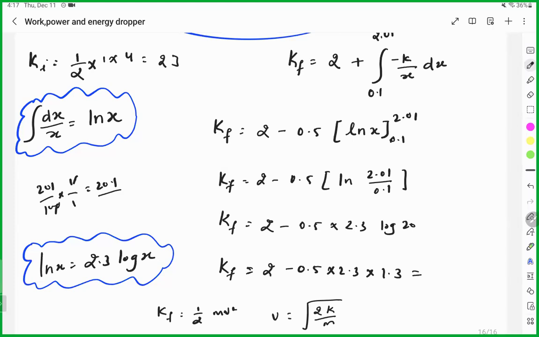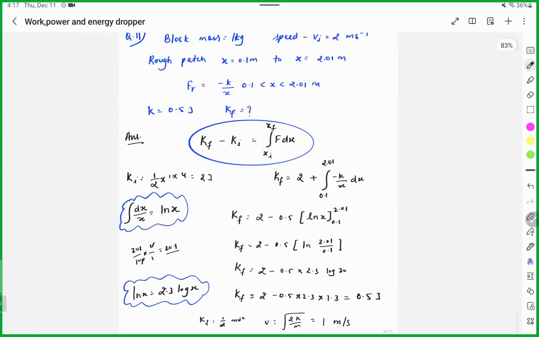What will be this calculation? It will be approximately 0.5 joule. If you take 0.5 joule, it will be equal to 1 meter per second. Anybody have doubt in the question? No, sir.